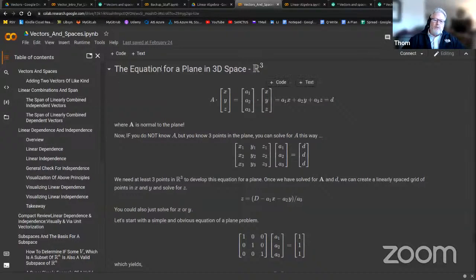So we want to be able to define an equation for a plane in 3D space, but let's go ahead and think ahead. We could also define a line in 2D space. What are we saying? We're wanting to be able to define a subspace in any space.